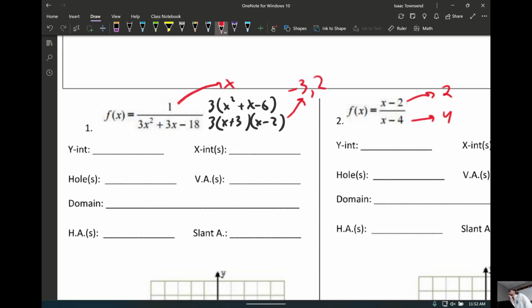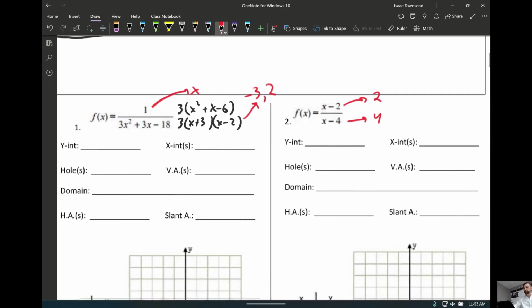So for these three things, we've got to find numbers that make the numerator and denominator 0. Now, if you know those definitions, we're about to fill out 6 of our blanks here.